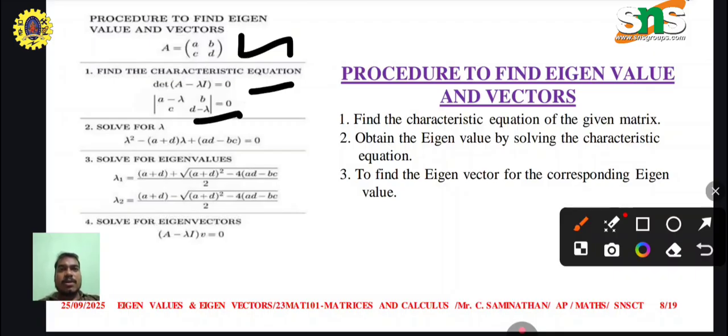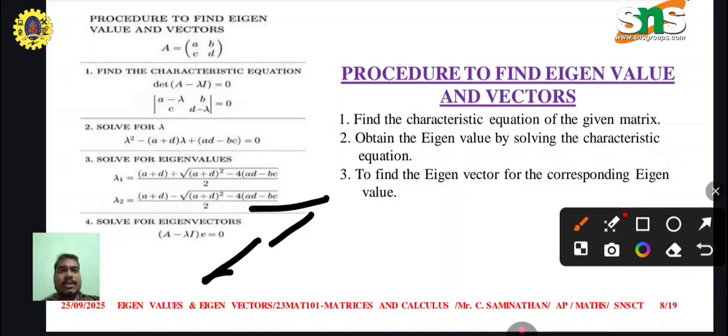Next, solving for lambda, we get the solution. Solving this equation, we get the eigenvalues. From these eigenvalues, we have to solve for the eigenvector.